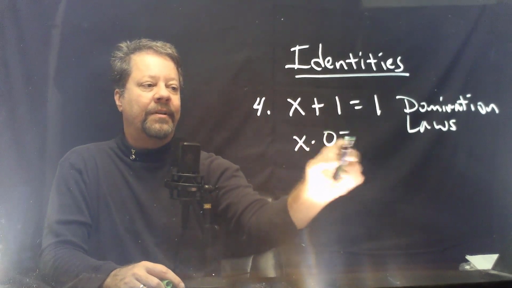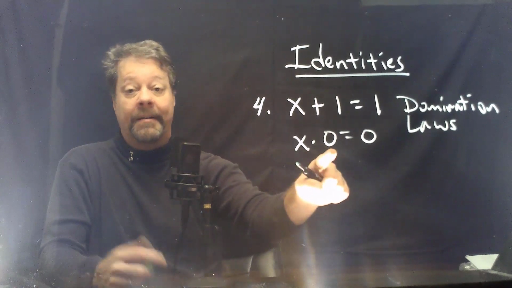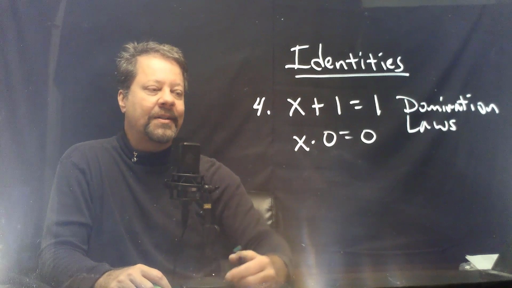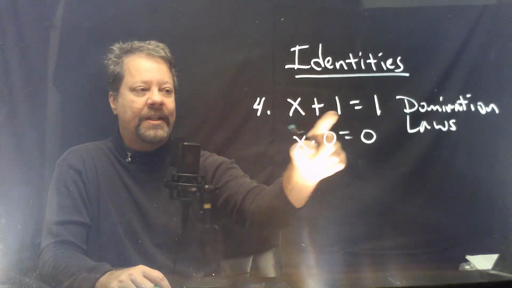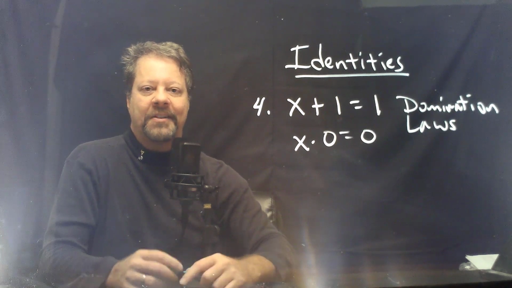X times 0 is 0. Yes, if this is an and statement and you already have one of the factors false, you get false no matter what the value of x is. And if this is an or statement and one of the values is already true, you get true no matter what the value of x is.